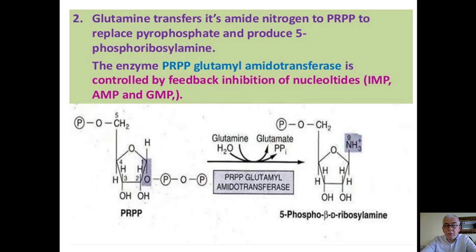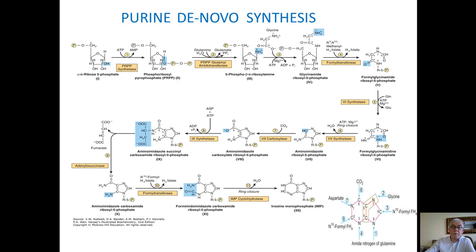Glutamine transfers its amide group to PRPP to replace pyrophosphate and produce 5-phosphoribosylamine. The enzyme PRPP glutamyl amidotransferase is controlled by feedback inhibition by AMP, GMP, ADP or ATP, and we obtain phosphoribosylamine.